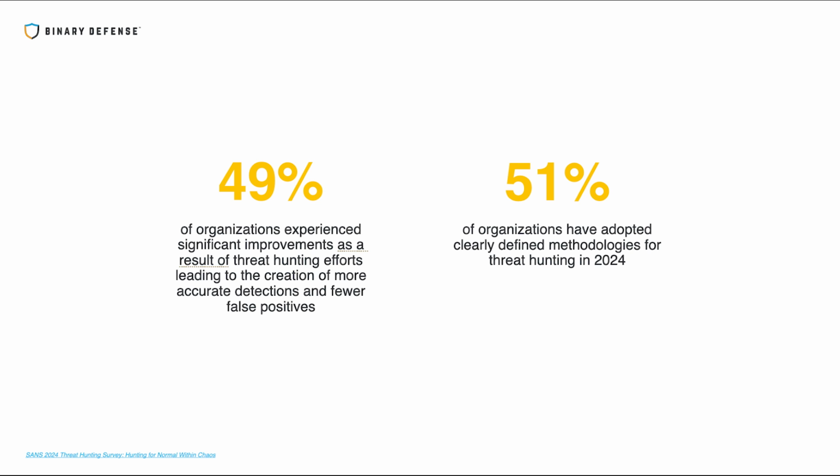And on the other side, 51% of organizations have adopted clearly defined methodologies for threat hunting in 2024. So we see this shift, and the benefits resulting from threat hunting should be no surprise to anybody. But I wanted to cover these stats so that as we go through this, we have those benefits in mind before we get into the differences between analytical and hypothesis-based threat hunting.